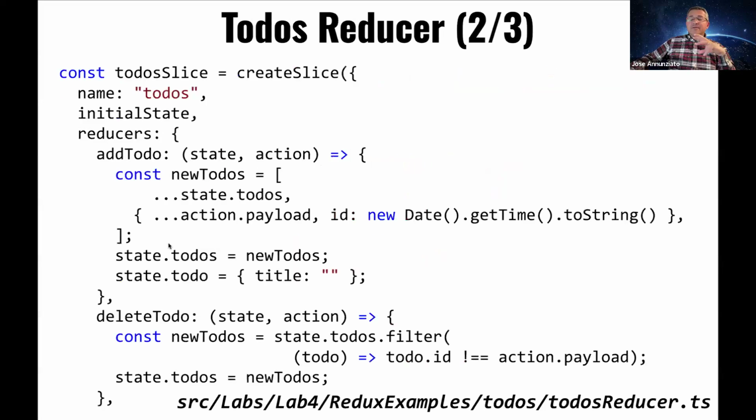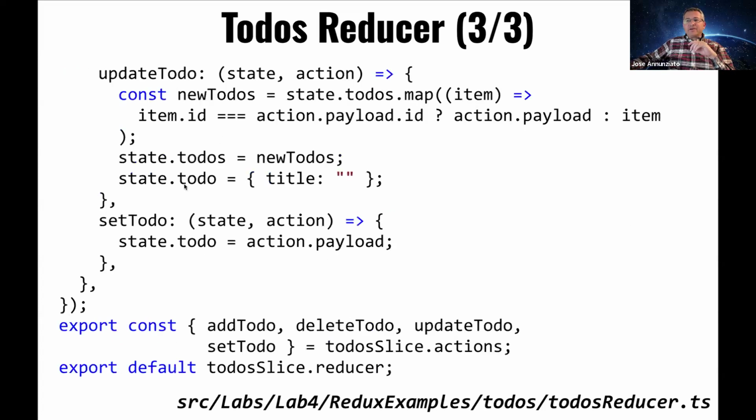And then also move here in the reducers all the manipulation of the state, of calculating the new arrays when we add a to-do, and resetting the title and whatnot. Also deleting the to-do would live here, and the update would live here, and the set to-do.